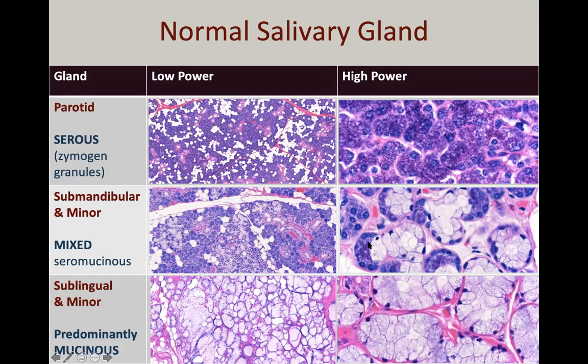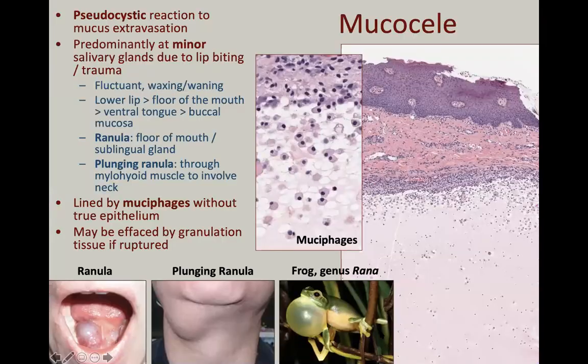We have submandibular gland that is composed of a mixture of serous and mucinous, the serous being purple and the mucinous being sort of white. The sublingual gland and many minor glands as well are also predominantly or entirely mucinous. Again, you can see here the pale intracytoplasmic mucin. So our function is ranging from digestive enzymes to more of a lubricative mucoid function.